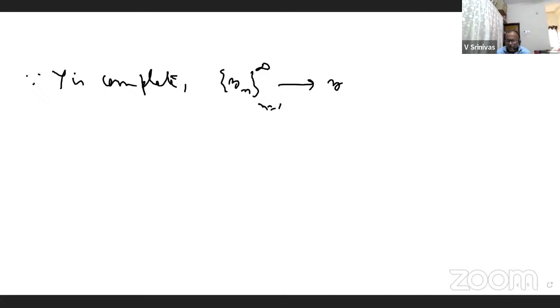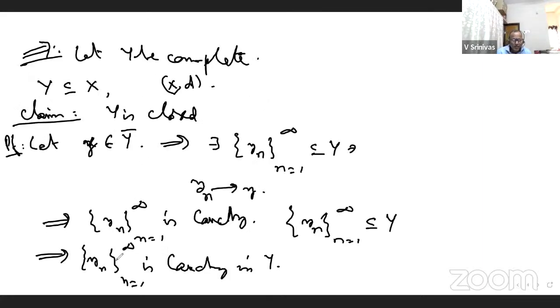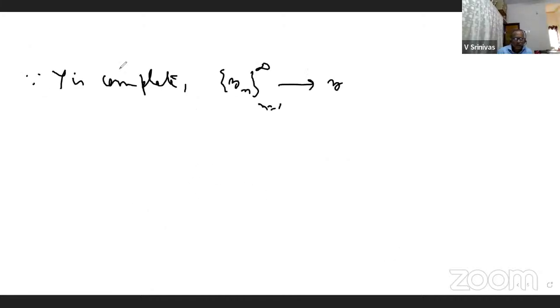We have Y is complete, and that Yn is a sequence converging to y. So what does it mean? Y is complete and Yn is a sequence in Y converging to small y. So this small y belongs to Y because Y is complete.